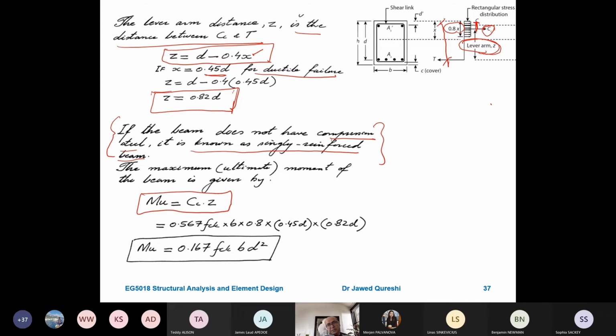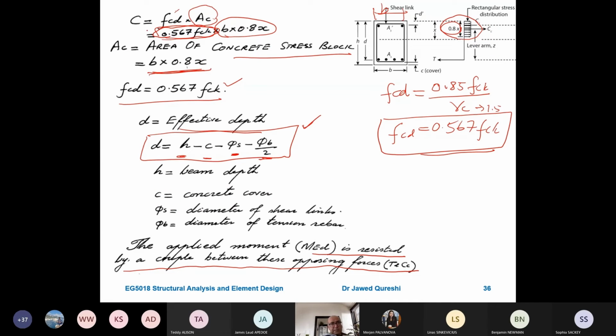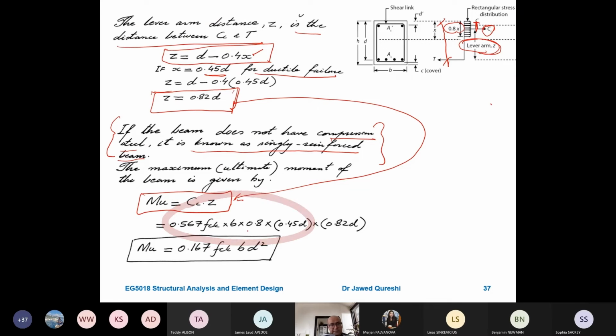The perpendicular distance is Z, which we found to be 0.82D. CC we found a little earlier, which is here. So 0.567 FCK into B into 0.8x, where x is 0.45D, and Z is equal to 0.82D. So let us see 0.567 times 0.8.